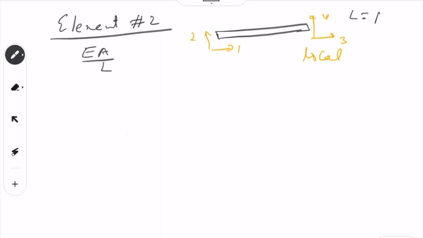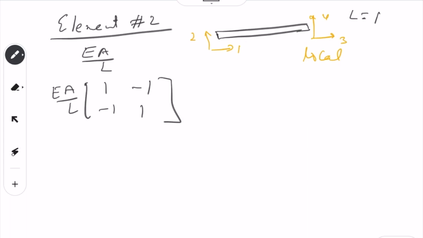But here we can straight away write, if we had a 2 degree of freedom system, meaning 1 degree of freedom per node, we would have just EA over L, 1 minus 1 minus 1 1.